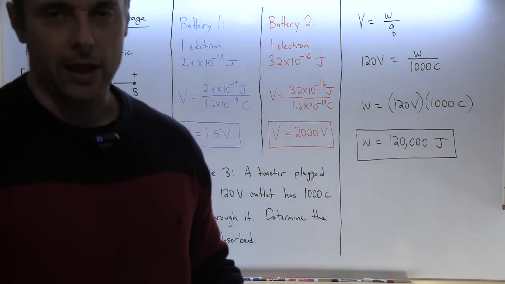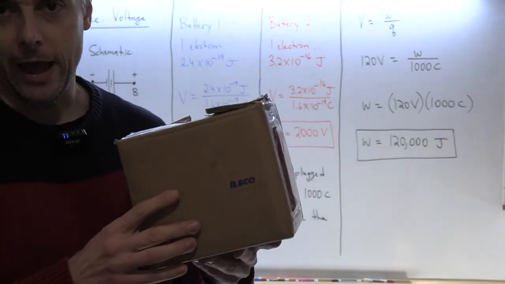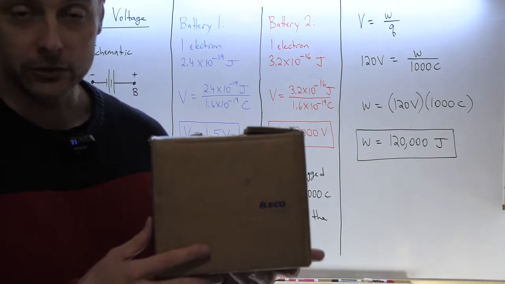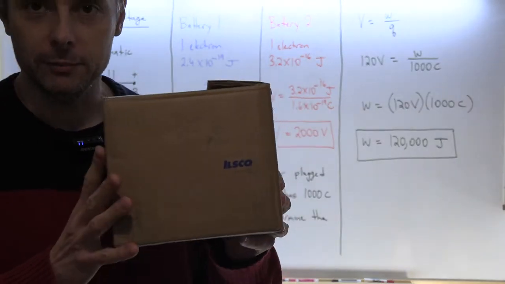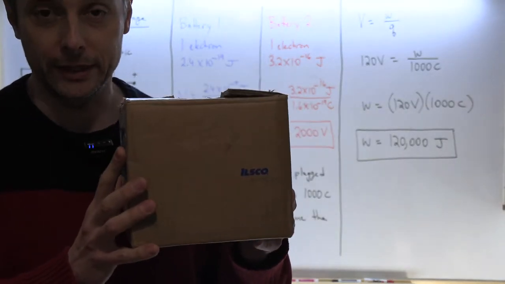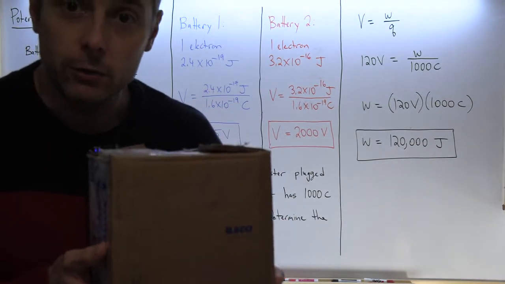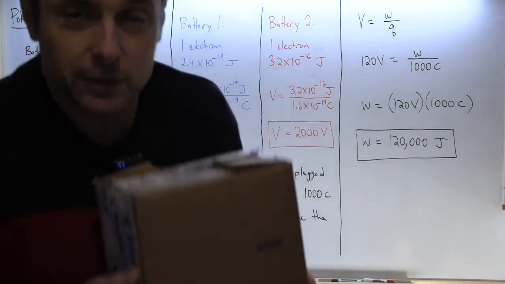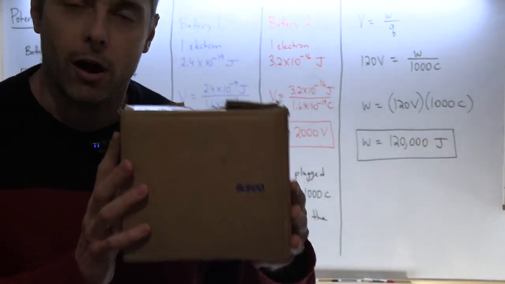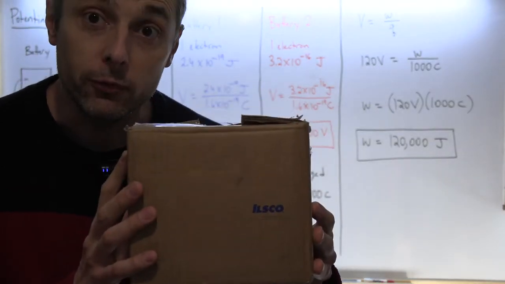I don't have one here because it has acid in it, and I don't want to take it out of a car. But basically it'd be something about this big, and it's very heavy, maybe like 40 pounds. A car battery is about 12 volts.